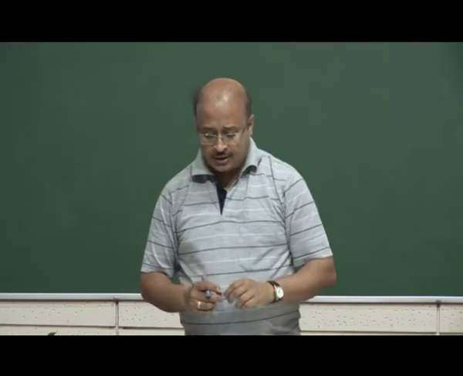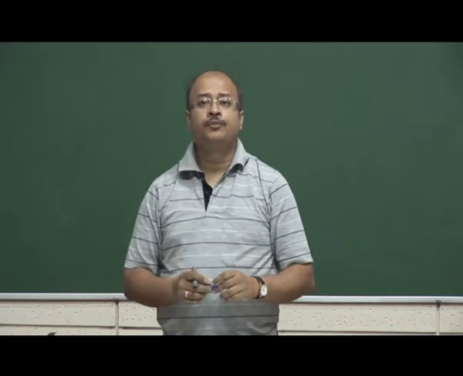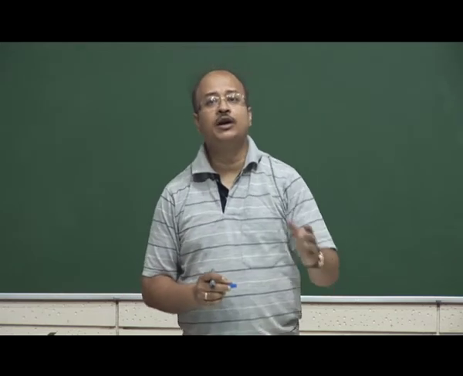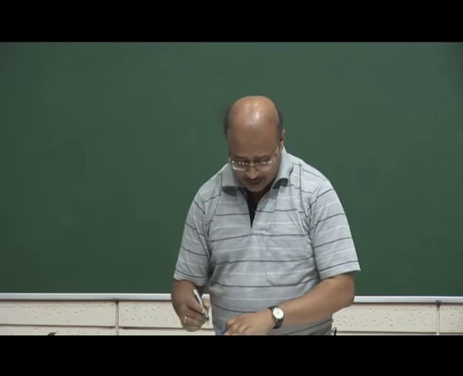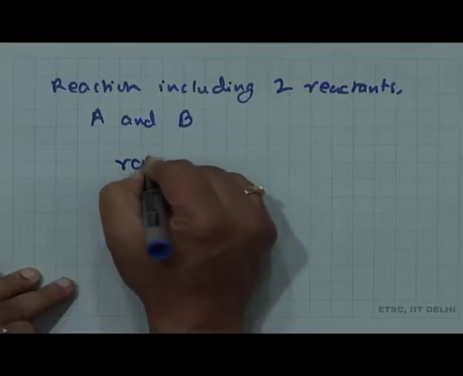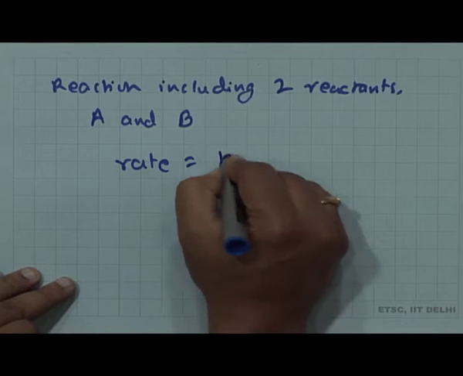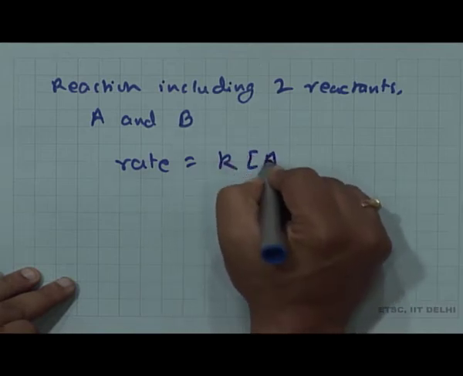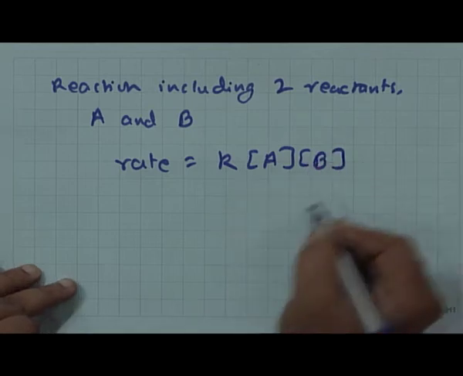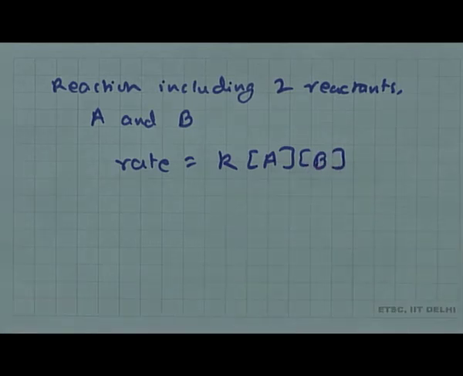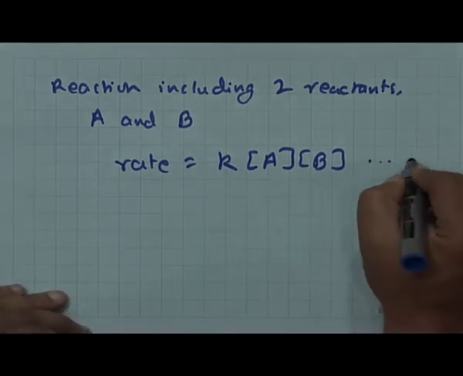But suppose we do an experiment or sets of experiments to find out the rate or order of this, and we say that the rate is equal to K into concentration of A into concentration of B. Let us see, this would be equation number 3.